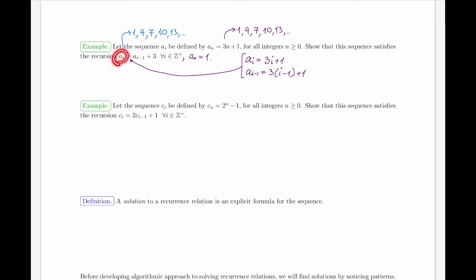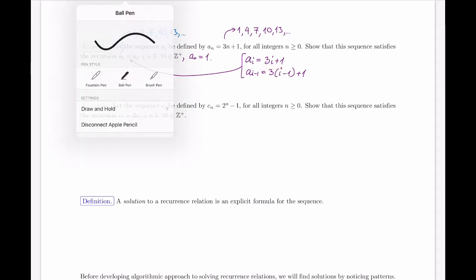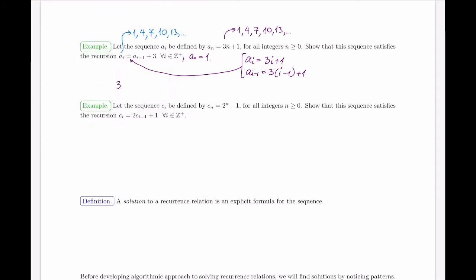So my left-hand side here is a_i, which is this. My left-hand side is going to be 3i plus 1. And what about my right-hand side? My right-hand side is a_{i-1}, which is this expression right here.